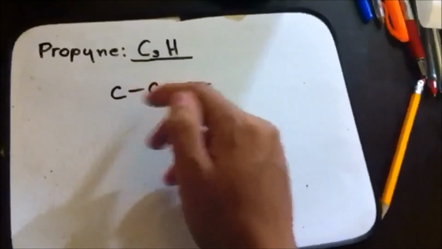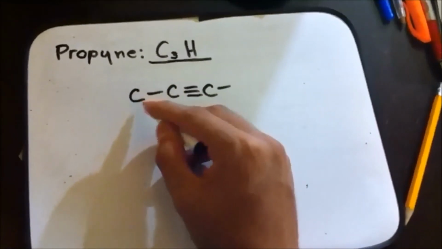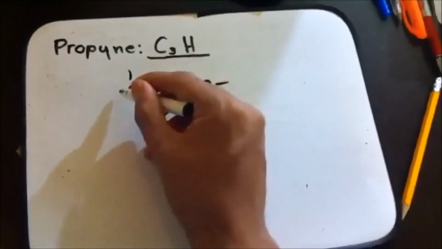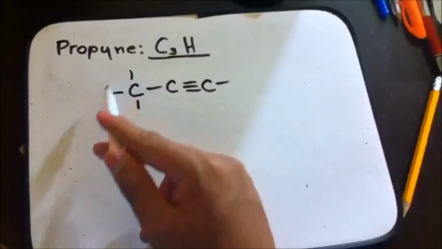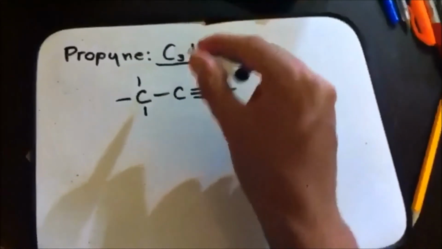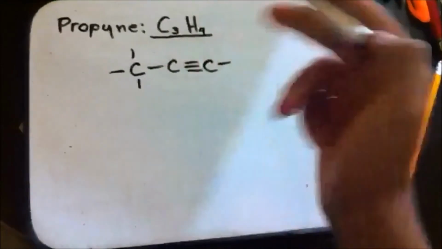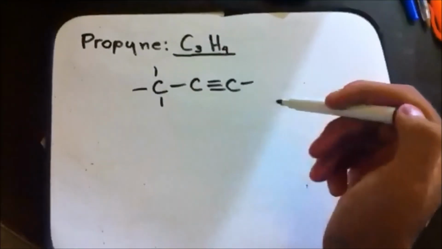We are not going to put anything here, and this carbon has 1. We are going to draw the 1, the 2, and the 3, and there are 1, 2, 3, 4 hydrogens, and 3 doubled is 6 minus 2 is the 4 we got there.